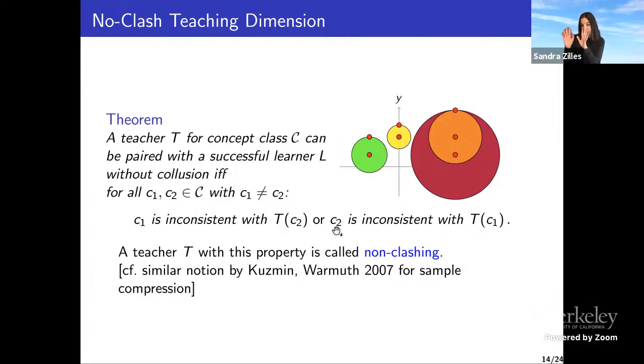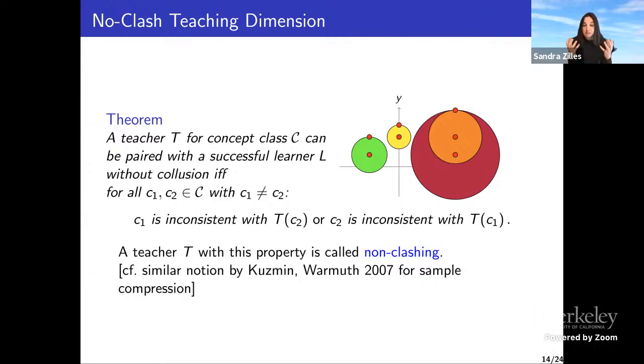So one of them can be consistent with the other as long as it doesn't go both ways. We call this the no clash property. So a teacher with this property is non-clashing. That term was used for a very similar notion in the context of sample compression earlier.